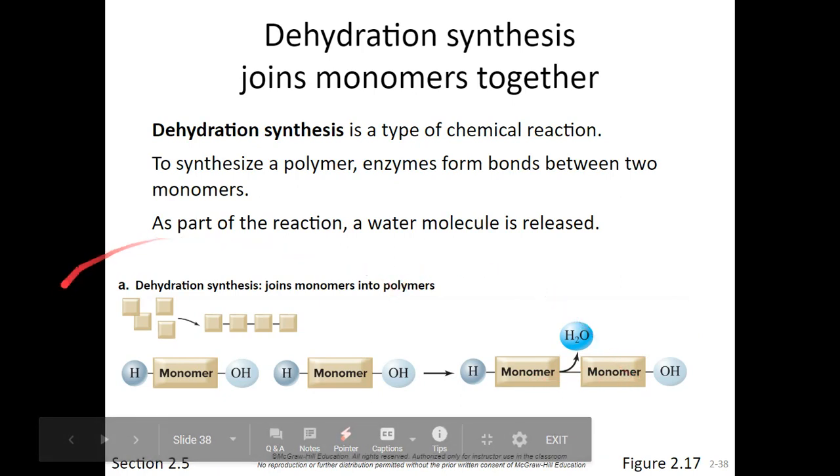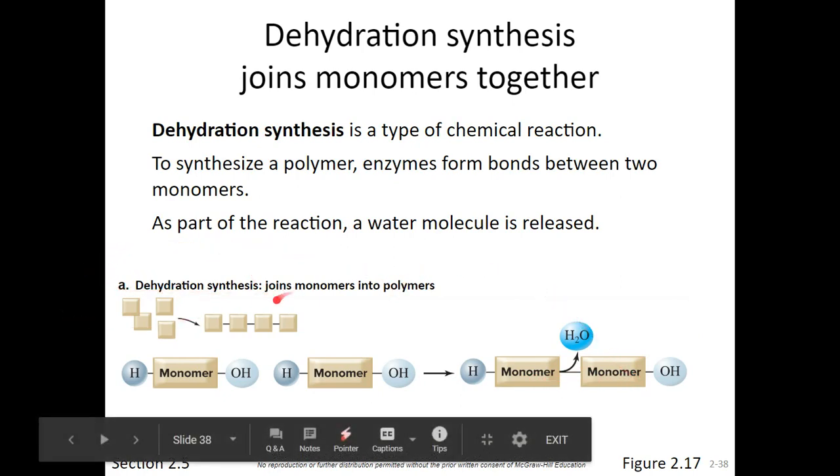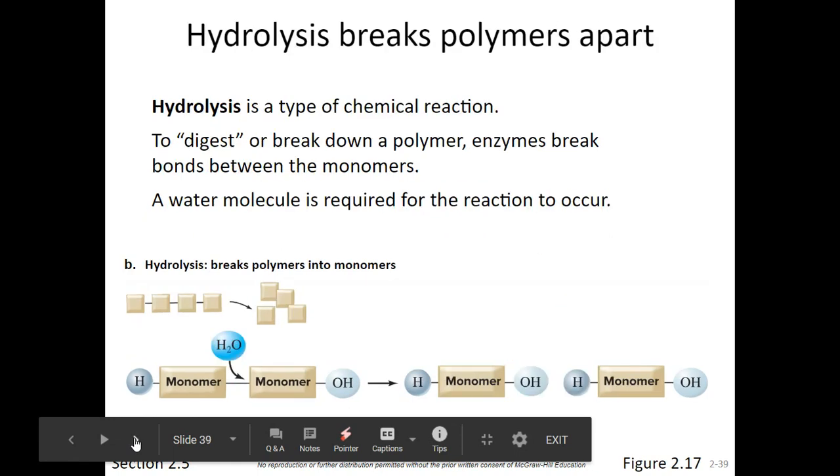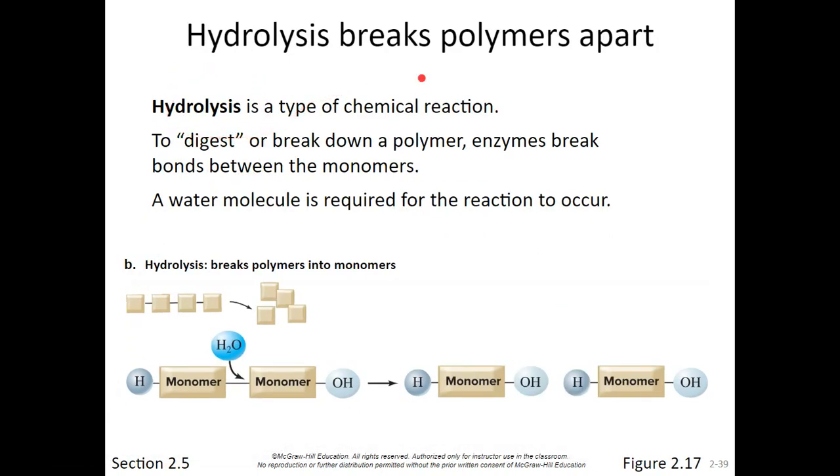So that is dehydration synthesis. And monomers make a big molecule, a polymer. Hydrolysis breaks polymers apart. This is the opposite. Hydro means water, lysis means breaking down. To digest, that's what is happening in our stomach, what you eat breaks polymers into monomers.